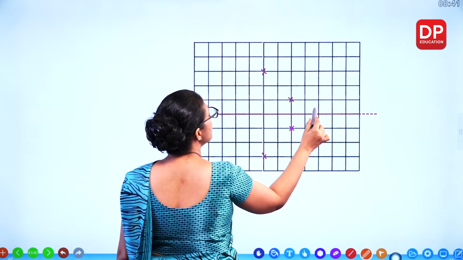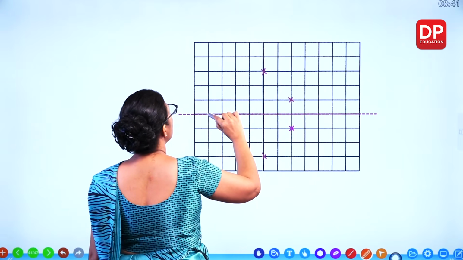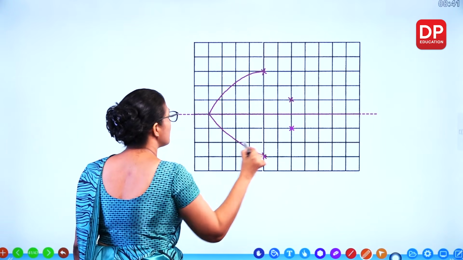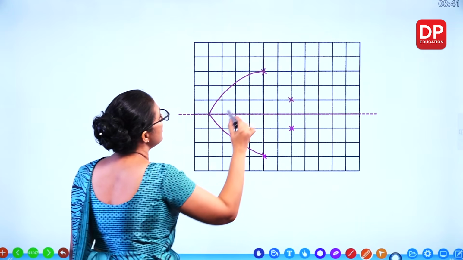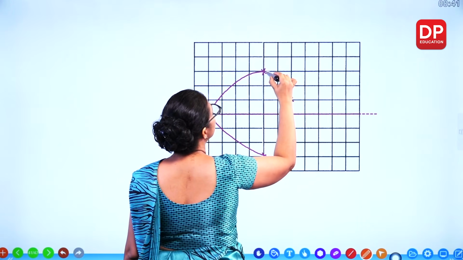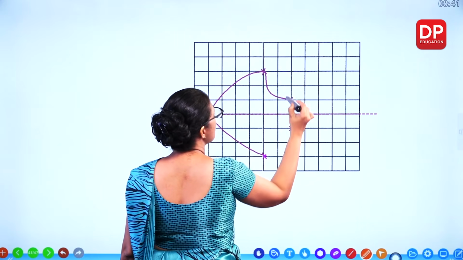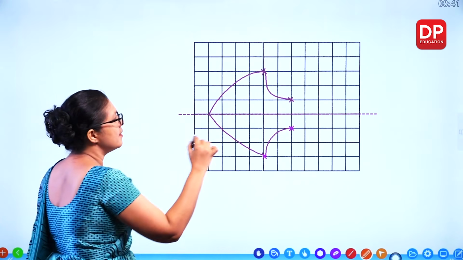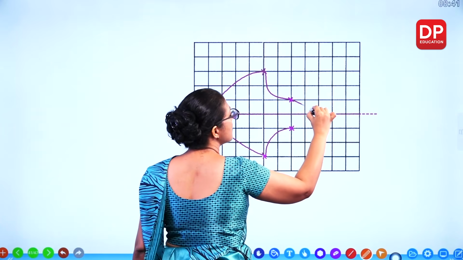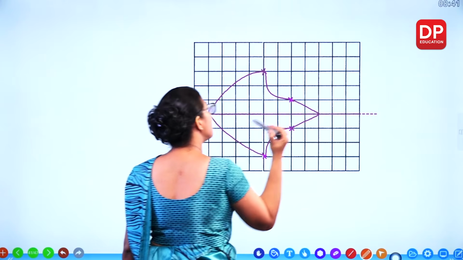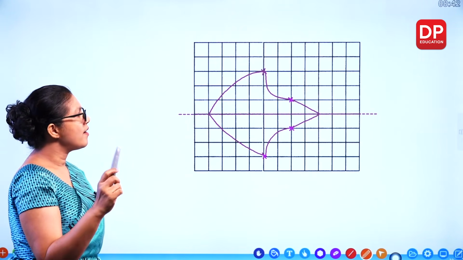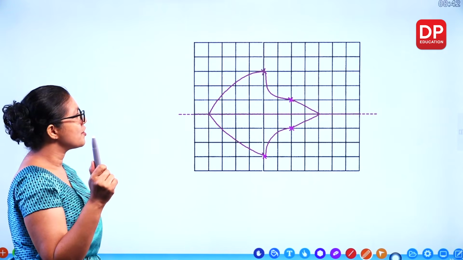Somewhere here, something I'll connect like this. You can draw anything that you like. So I'll draw something like this here and something like here, and then connect to this point. So this is also a shape with one axis of symmetry.